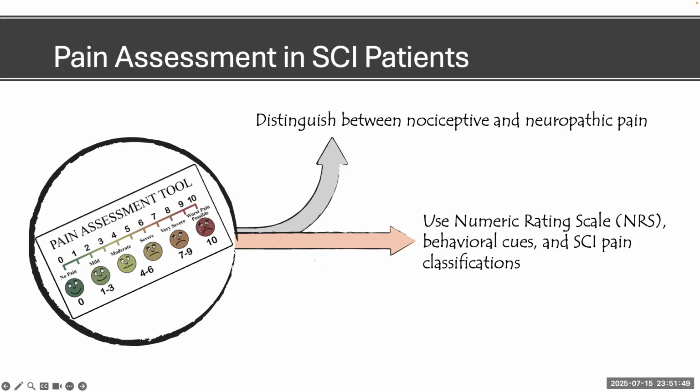Understanding whether the pain is nociceptive, related to musculoskeletal issues, or neuropathic, stemming from nerve damage, is essential. Neuropathic pain often presents as burning, tingling, or electric-like sensations, and responds differently to treatment than traditional pain.